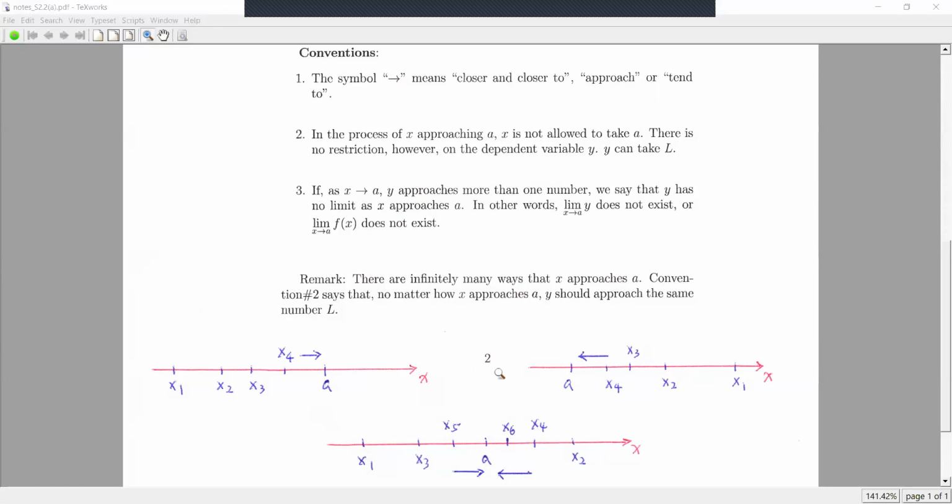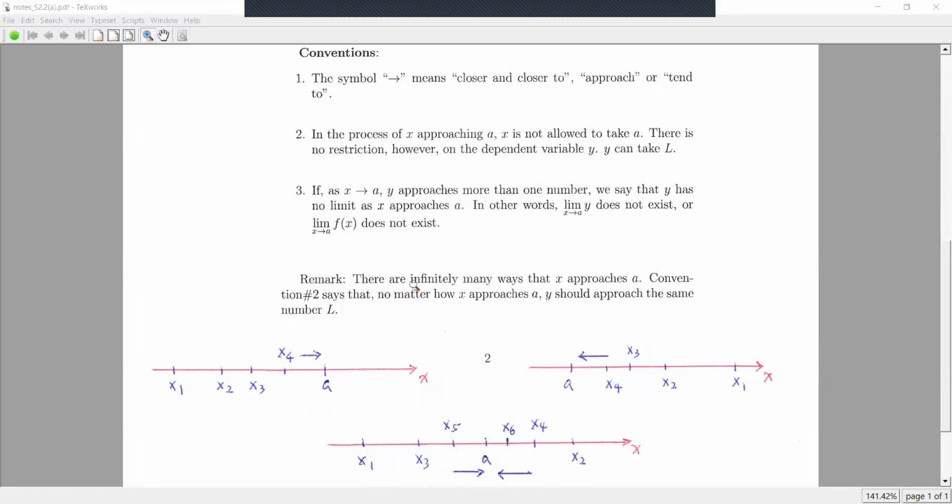Or we can let x approach A by jumping around the point A. Say we can let x, the independent variable, take this point, then this point, then this point, and so on.